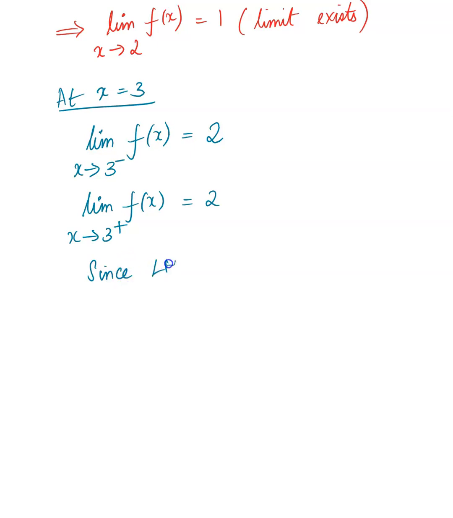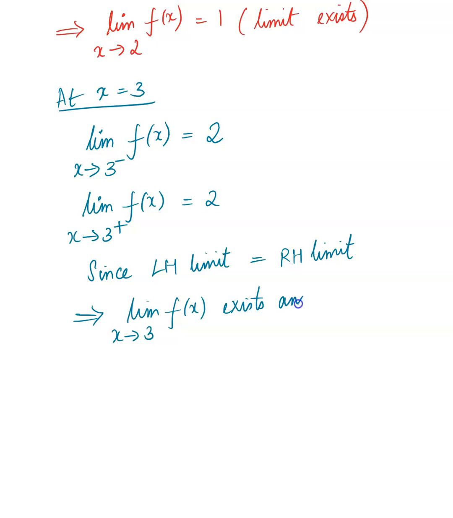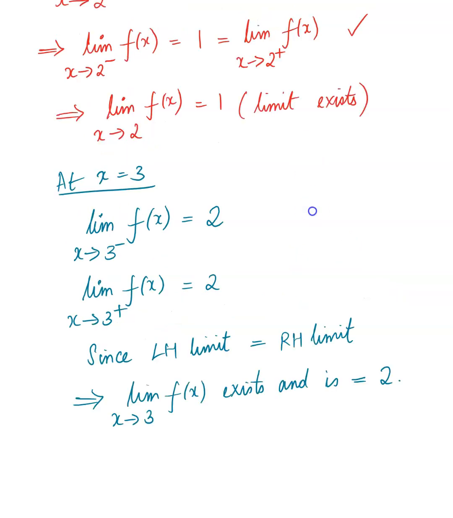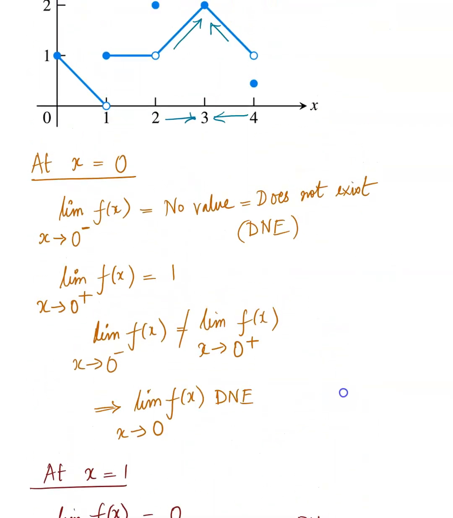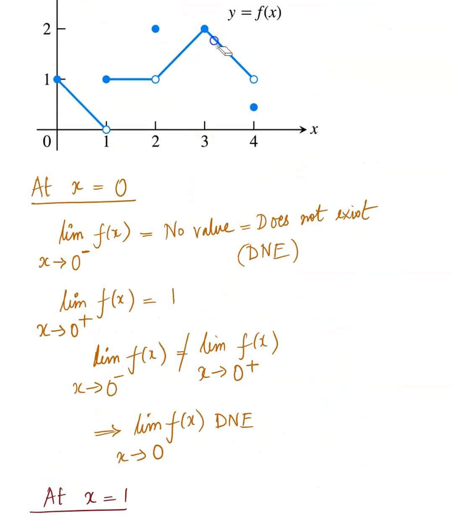Since the left-hand limit is equal to the right-hand limit, it implies that limit f of x as x approaches 3 exists and is equal to 2. Let's go to the last one, which is 4.